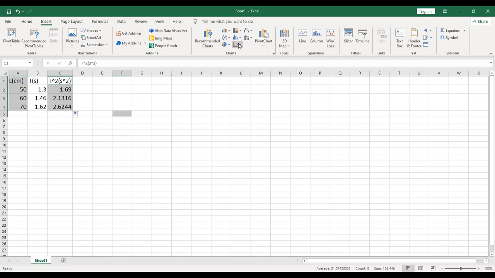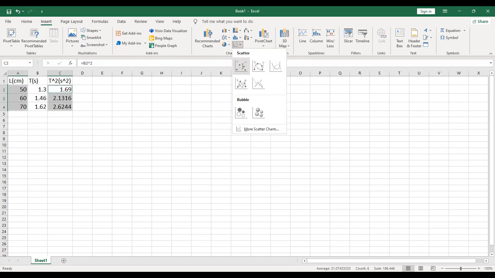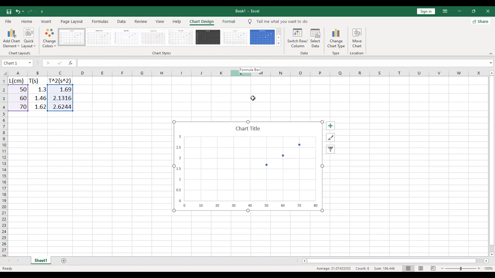Why is this so strange? Why can't I draw the graph? Okay, maybe this value. This graph of L and T squared should be linear.